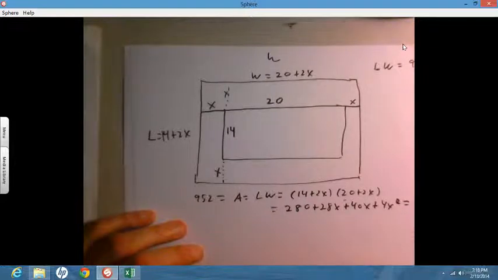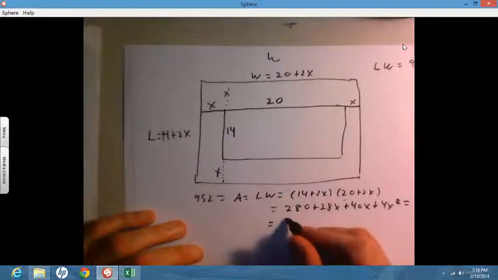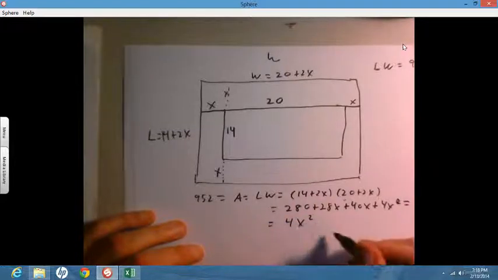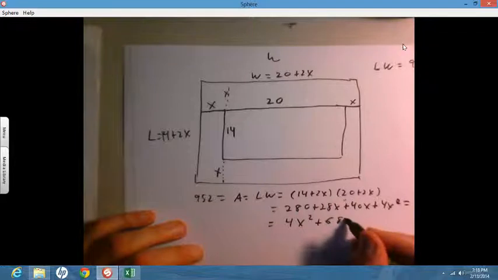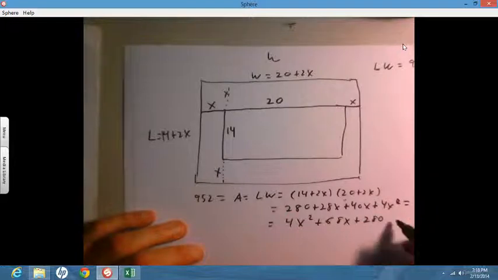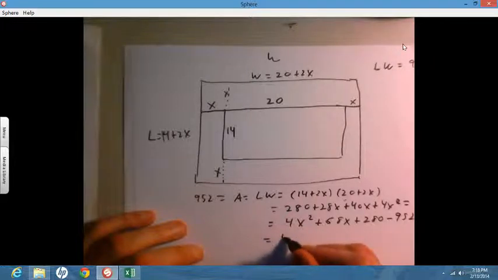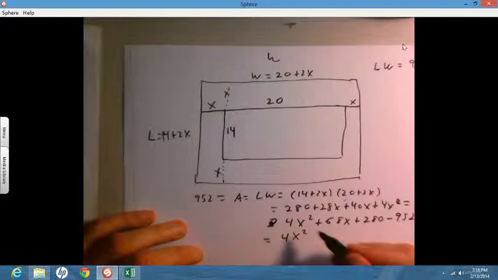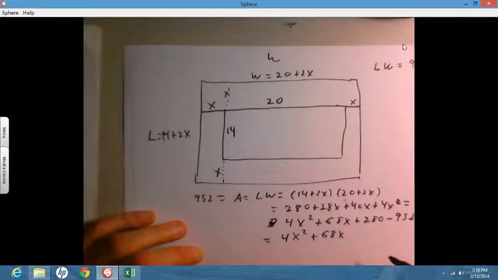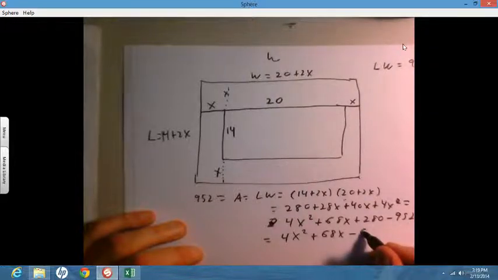Now we're going to combine terms. Well, first let's reorder, so it's going to be 4x squared plus 68x plus 280. I'm going to bring the 952 over here, minus 952 is equal to 0, which is going to give me 4x squared plus 68x minus, if I combine 280 and minus 952, I'm going to get minus 672 equals 0.